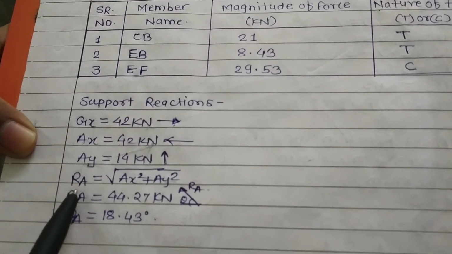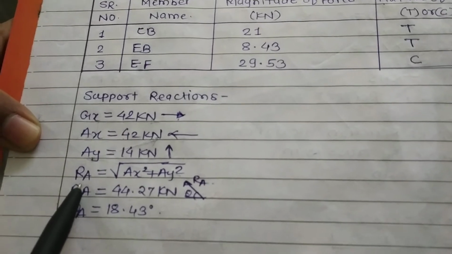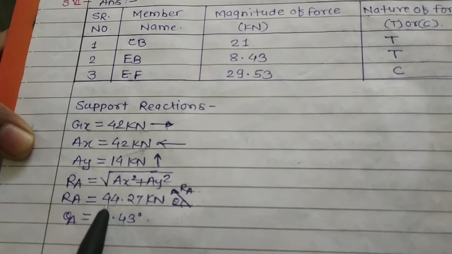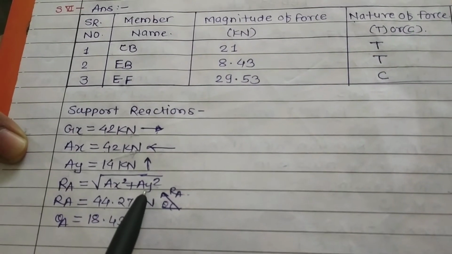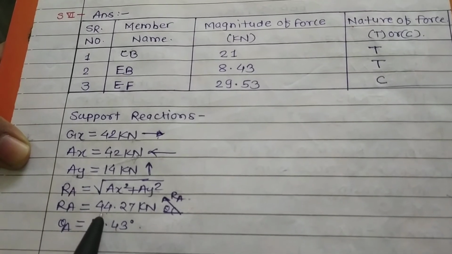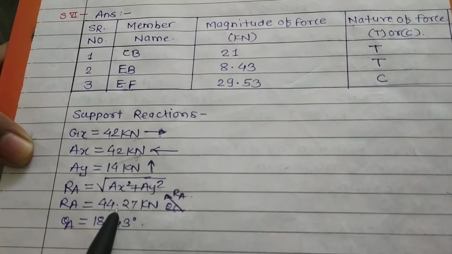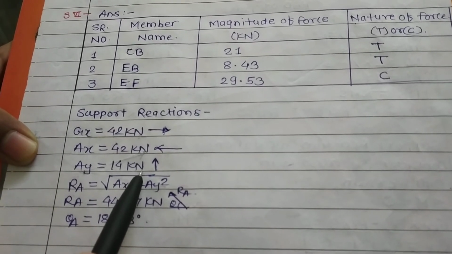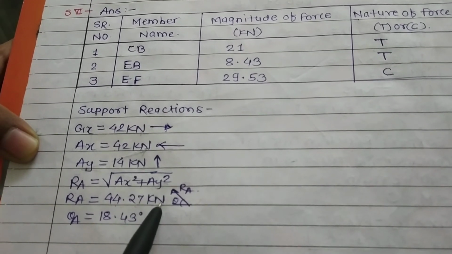AX and AY is the reaction on the hinge. For them, I have defined here the resultant reaction, and the resultant reaction comes with this formula: root of AX square plus AY square. By substituting AX and AY in this equation, I found RA is equals to 44.27 kilonewton. AX negative, AY positive. It represents the second quadrant.